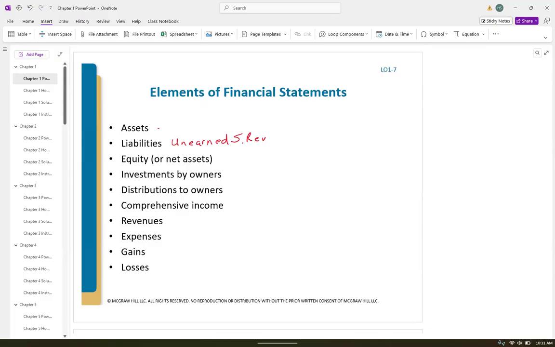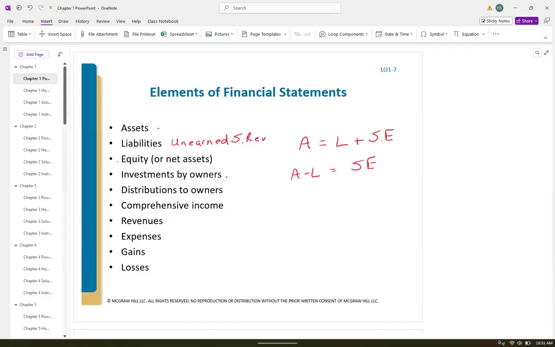Okay. And I like that they put equity and I like that they put net assets because our accounting equation is this right here. Really, if we took the assets minus the liabilities, that equals stockholders' equity or equity, which is net assets. It's just assets minus liabilities. Okay. We can have investments by the owner putting money in the business, the owner taking money out of the business.